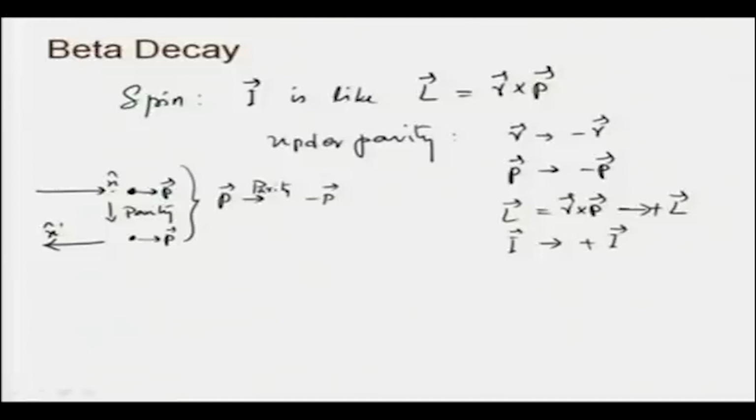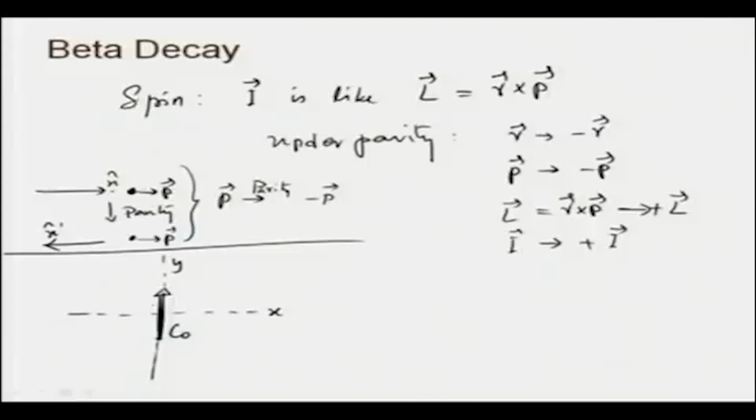Now, let us look at the cobalt 60 decay. Let us consider our x and y directions. In the experiment, let us keep the cobalt so that the spin of the cobalt is aligned in the positive y direction.